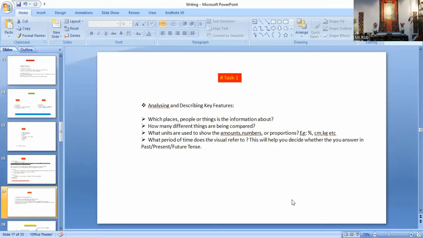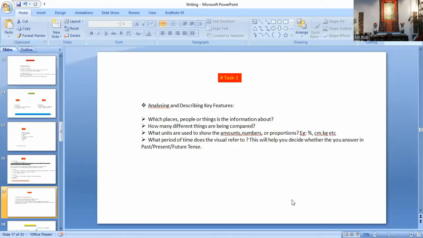So in task one, you have to analyze and describe key features. Which places or people or things is the information about? How many different things are being compared? You know? What units are used to show the amounts, numbers, or proportions?